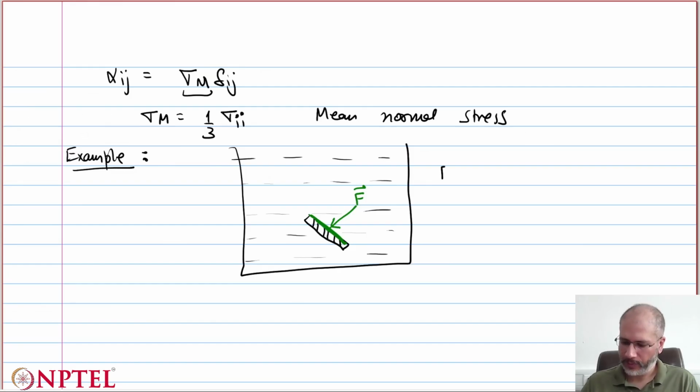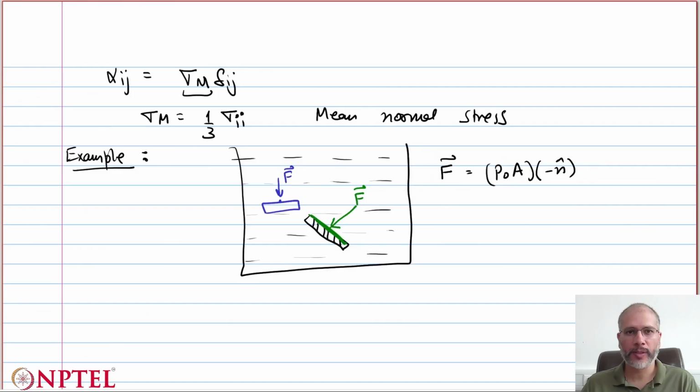So I can write the force F as a force magnitude, which is simply the pressure of the fluid at that point times the area of the surface, and the direction is opposite to the outward normal, so that's a minus n hat. And this is true for all normal directions, because if I had a surface oriented in a different way like this, then the force would be in this direction.